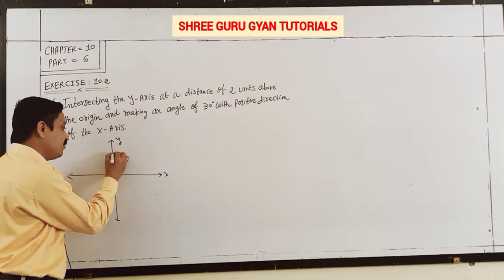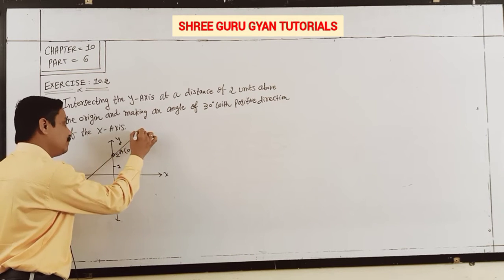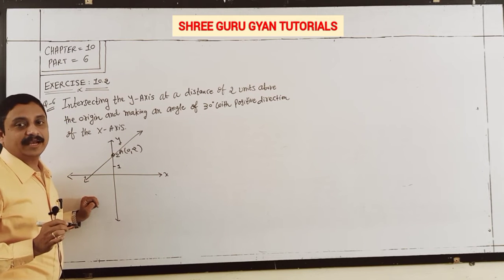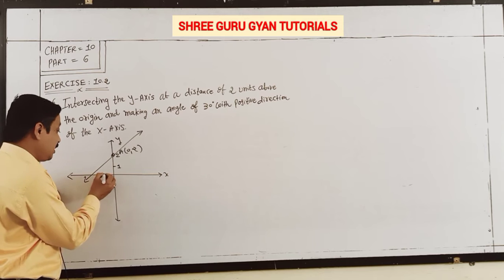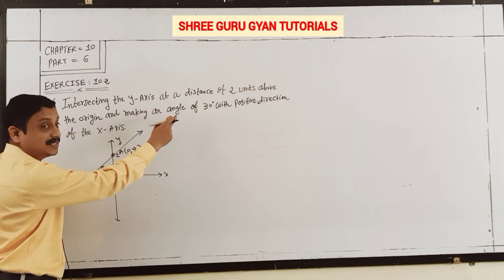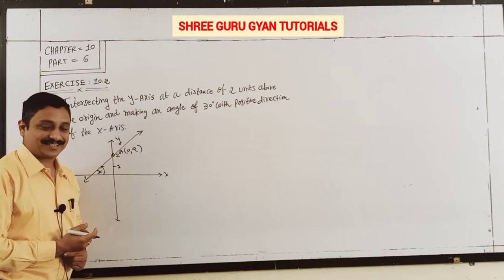This point is definitely (0, 2), and the line is passing through (0, 2) and making an angle of 30 degrees with the positive direction of the x-axis.